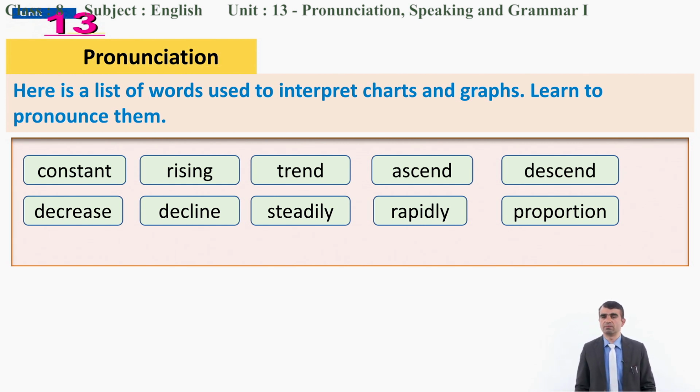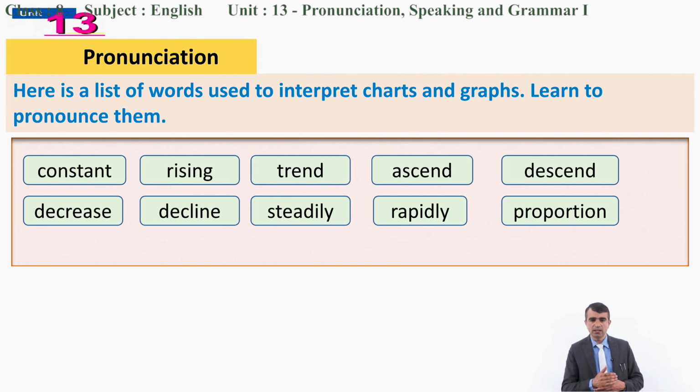Learn to pronounce them. You should learn how native speakers, how English people, pronounce these words, so that you will use them in interpreting charts, graphs, tables, diagrams, etc. They will be useful for you.